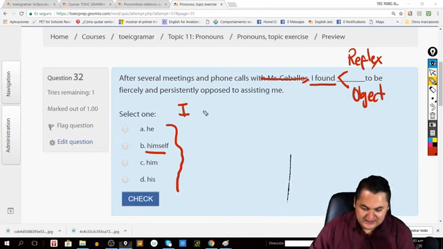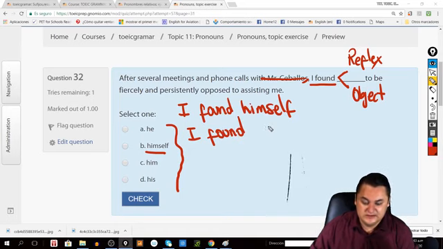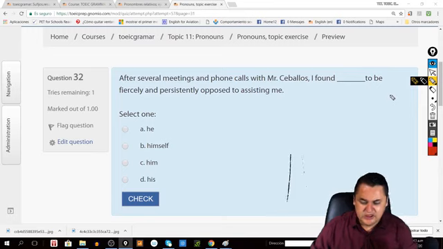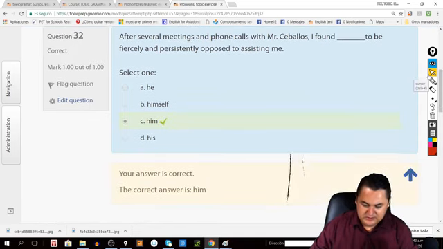I cannot say, I found himself. I should say, for instance, even though it doesn't make that much sense here, I found myself, because they have to have this correlation. So that is not the answer. Then my answer is the object pronoun. I found him to be.